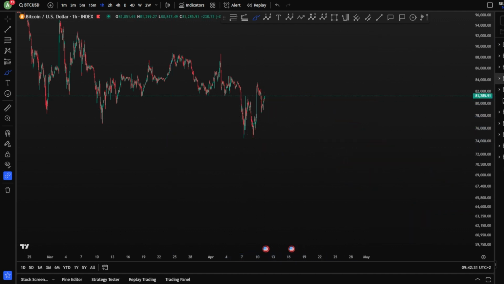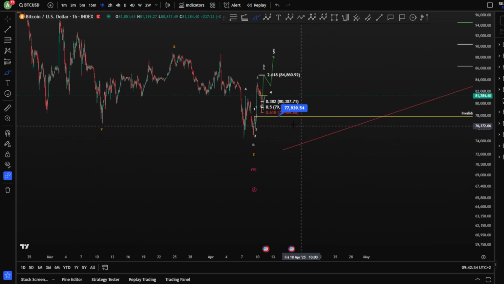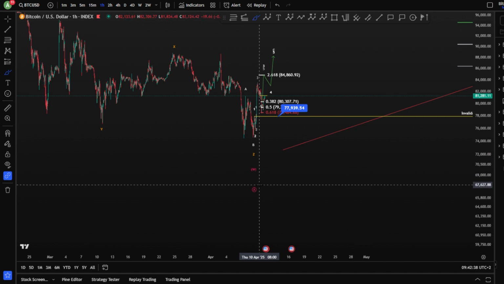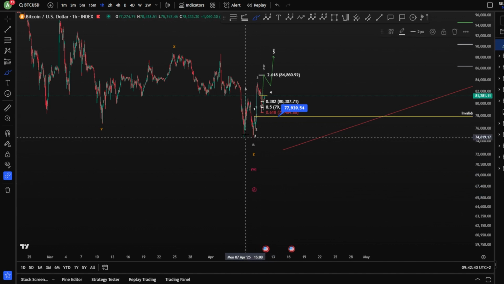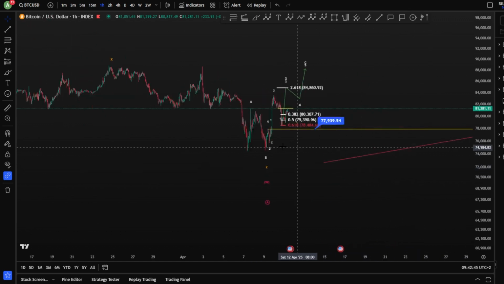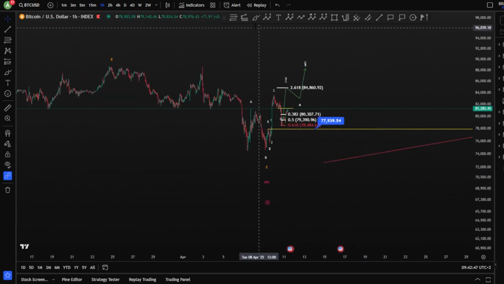Now in this scenario where you are looking for W, X, Y, X, and a Z, you finish a wave W potentially, or a wave A. You're looking here at something very corrective as well, because of the correction of a wave A here.